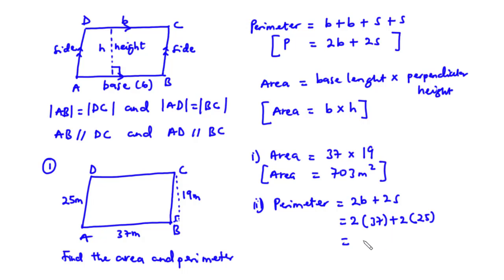So 2 times 37 gives 74, and 2 times 25 gives 50. When you add 74 plus 50, we have 124 meters. So this is the perimeter of this parallelogram.